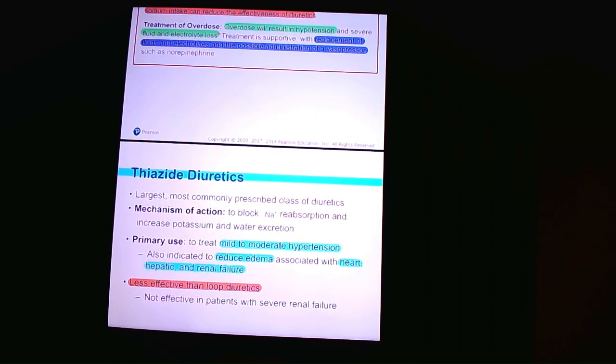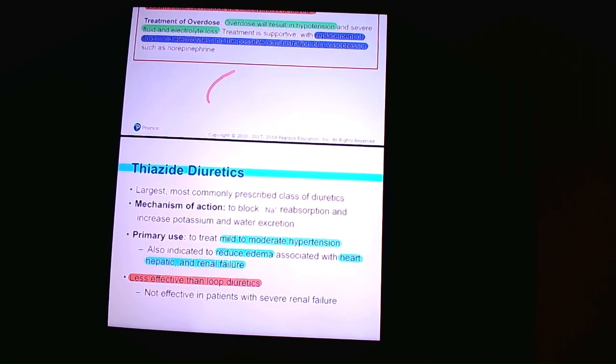Treatment of overdose: if they're hypotensive, give them fluids. If they're low on fluids, give them fluids. If they're low on electrolytes, where are electrolytes? In our fluids, so give them fluids. If their blood pressure is that bad, you would give a vasopressor. Let's pretend this is our normal vessel, and pretend all of it is full of blood, or fluid.